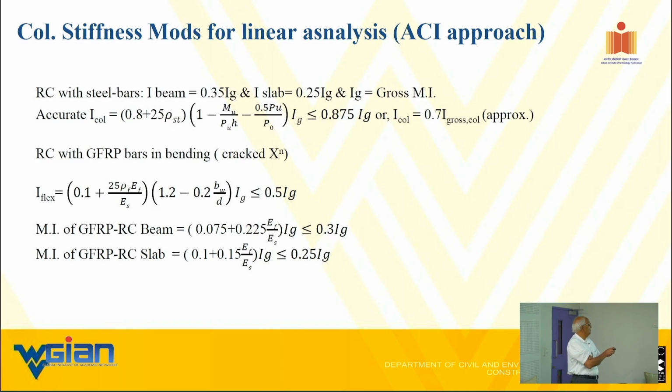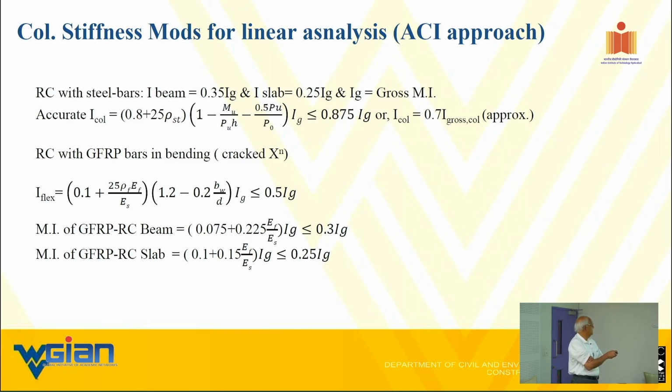Now they give you a more accurate formula. This is all for steel, not for GFRP, right? Now please look at the GFRP value, 0.7 versus 0.5. So obviously there is a penalty function here when it comes to GFRP compared to that of steel.